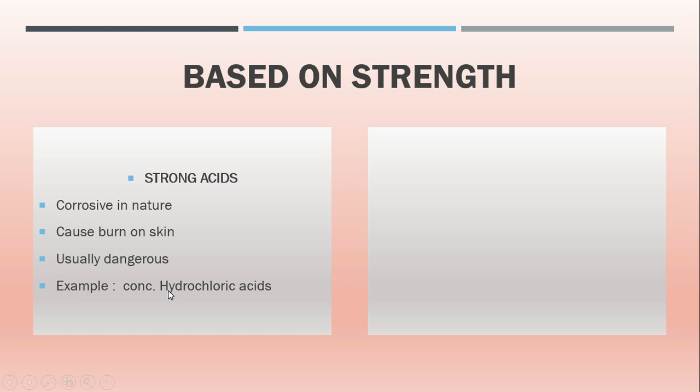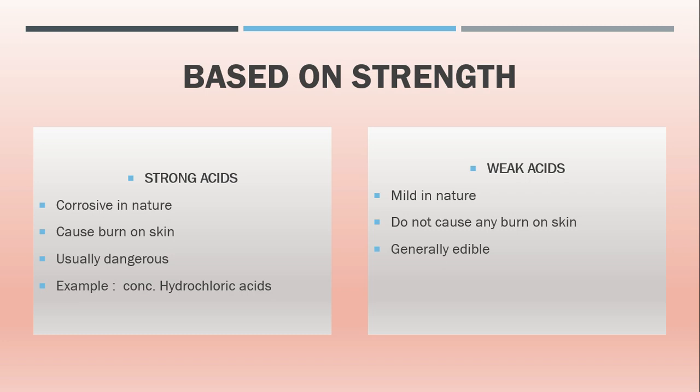Weak acid means which are not corrosive in nature, মানে যাকে টাচ করলে we don't feel burn. Strong acid সামান্য টাচ করলে it can burn your skin, whereas weak acids are not corrosive in nature, mild in nature, we can touch it, does not cause any burn on skin, generally edible.